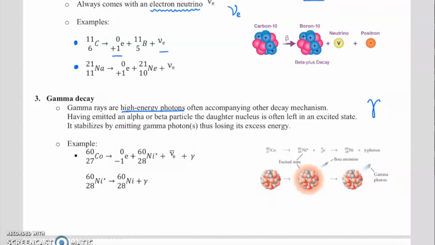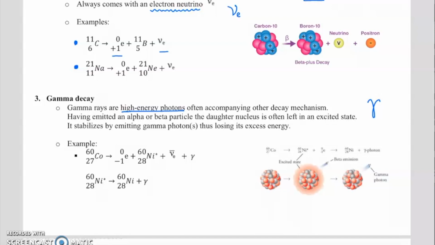Now, this type of decay often happens in conjunction with alpha or beta decay. So usually alpha or beta decay occurs and leaves the daughter nucleus in an excited state. And that nucleus wants to stabilize itself by getting rid of the excess energy. And so it pushes out a photon. It pushes out that gamma particle.